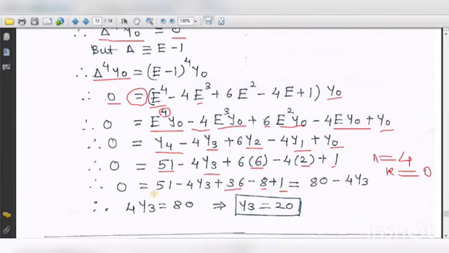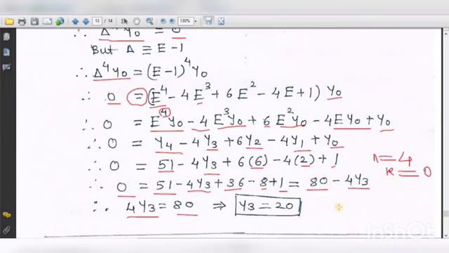So if you do the calculation of this, 51 plus 36 minus 8 plus 1, then it is 80, and this minus 4y3 is as it is. So what is the equation? 0 equals 80 minus 4y3. Solving this equation, taking 4y3 to the LHS, we get 4y3 equals 80, which means y3 equals 20.